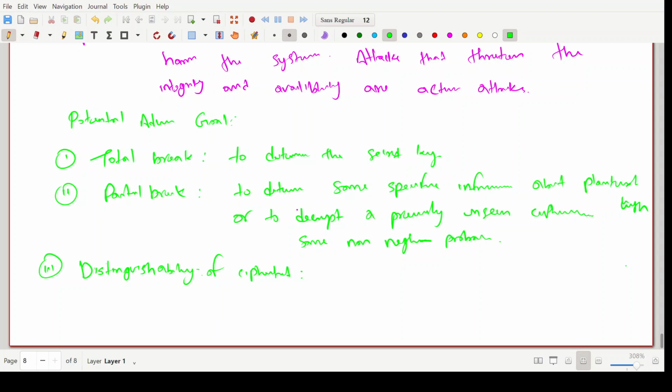He is able to distinguish between two different ciphertexts, to distinguish between the encryption of two given plain texts, or between an encryption of a given plain text and a random string with some probability exceeding 1/2.